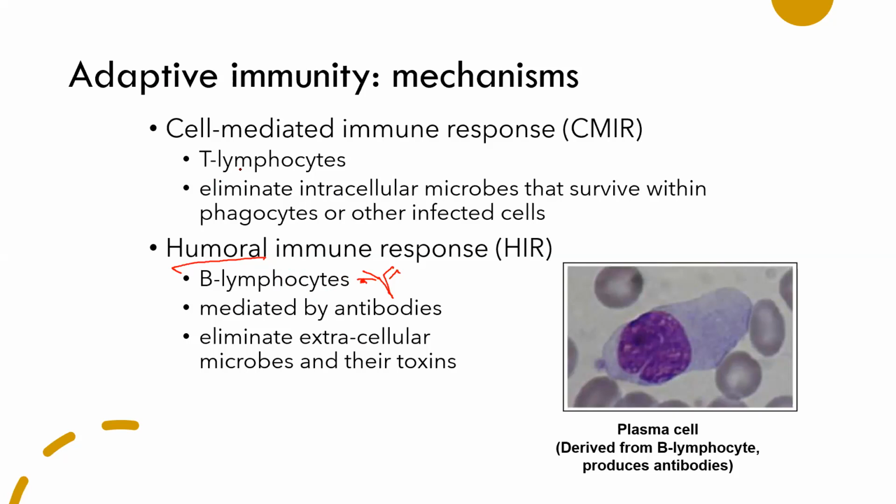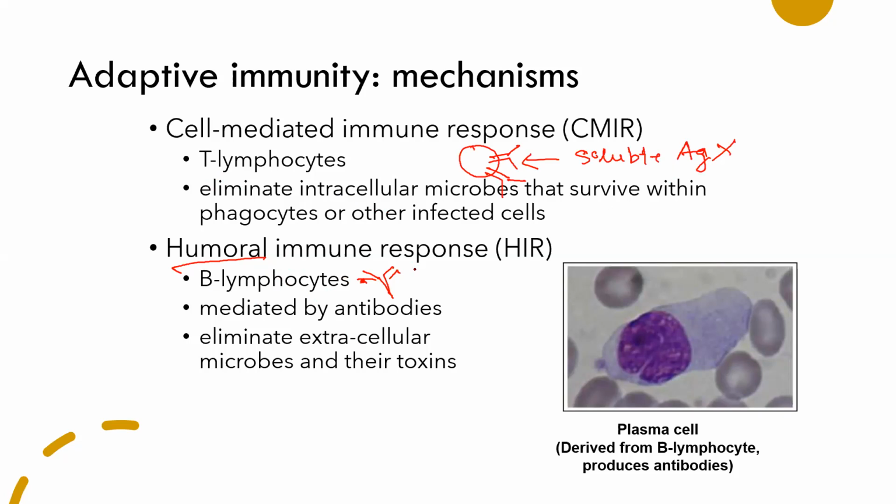T cells can never recognize a soluble antigen because they do not secrete anything; they have their receptors bound to their cell surface. Always. T cell receptors are always bound. They will never recognize soluble antigens.